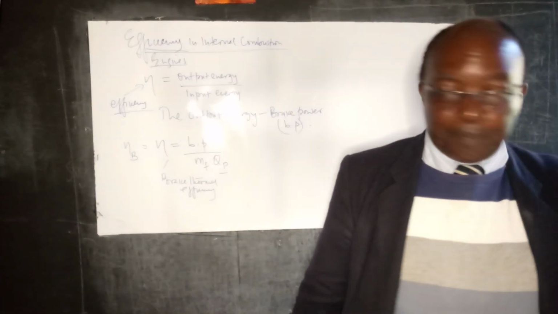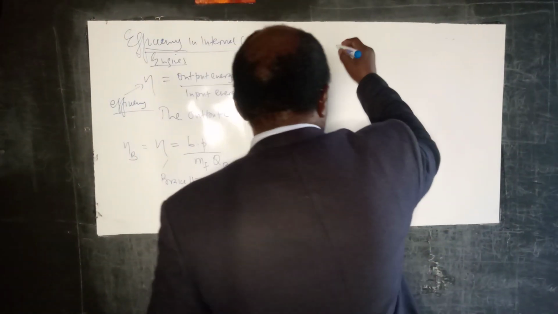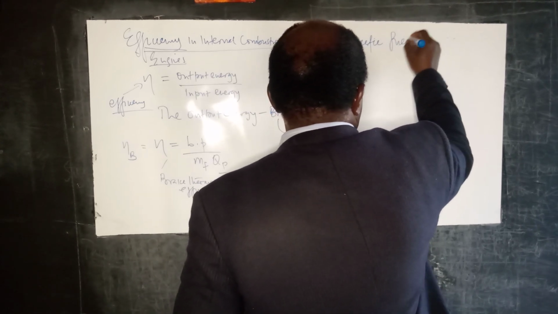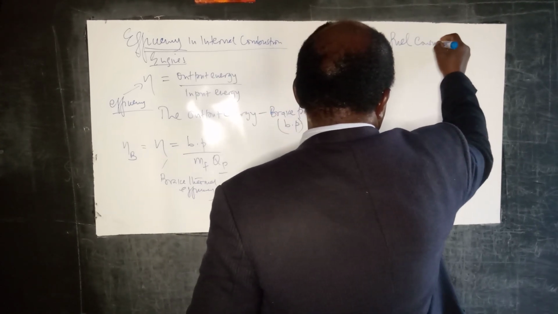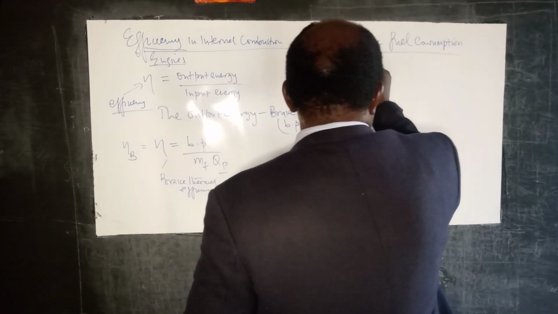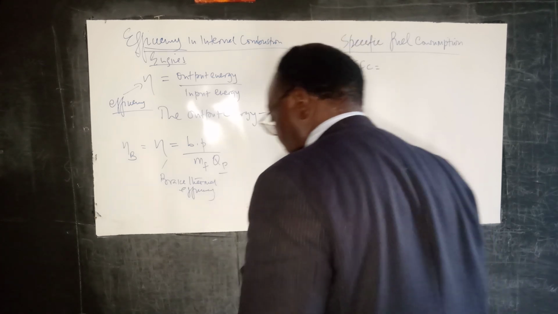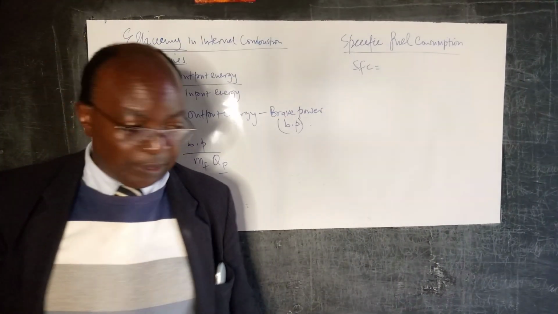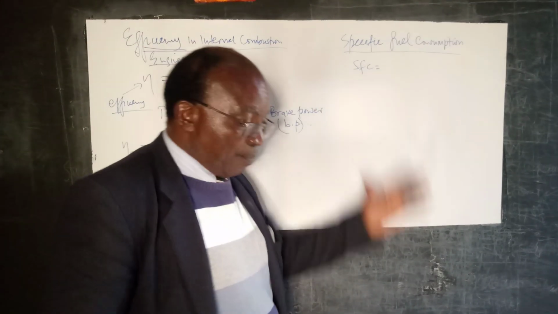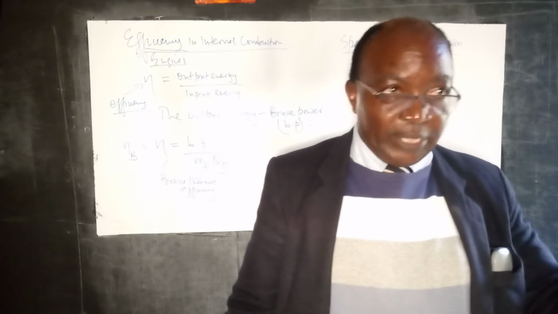So that gives us the specific fuel consumption, SFC. When we talk about specific fuel consumption, we are talking about the amount of fuel consumed per unit brake power.